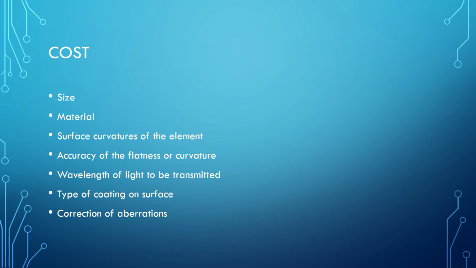The surface curvature of the element, right? The accuracy of the flatness or curvature, the wavelength of light that's going to be transmitted, the type of coating on the surface, and the correction for aberrations, right? So these are all things that we have to look at.